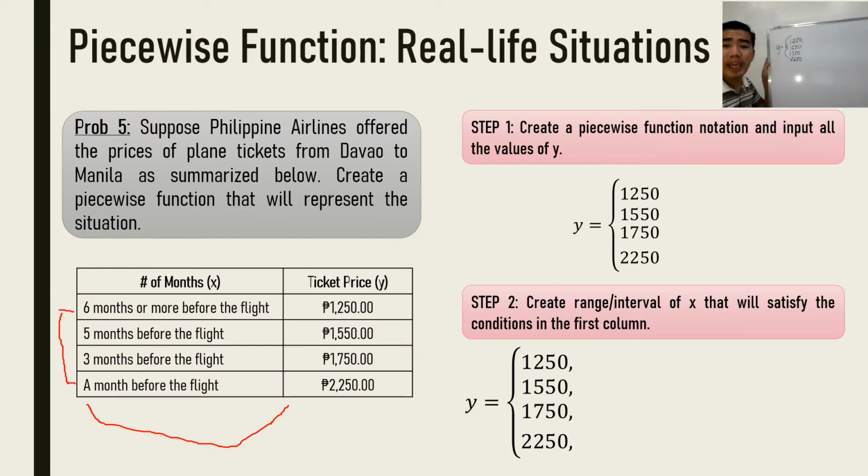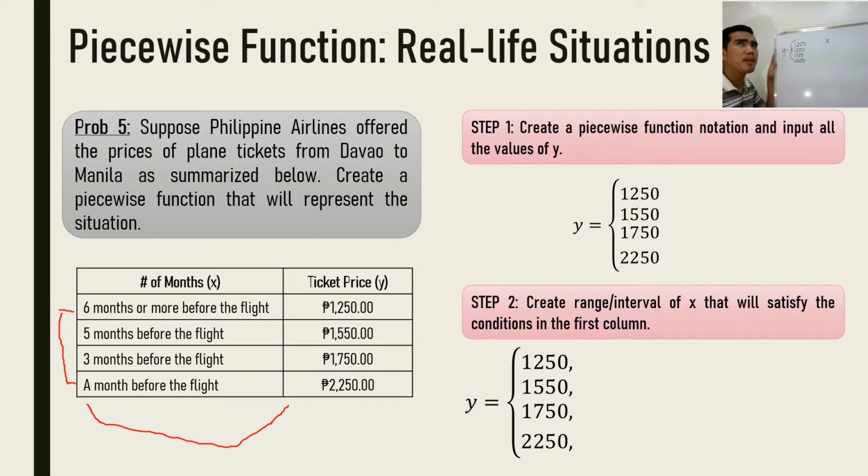Now, how to make conditions? First, we look at the months, or how to input the values. Okay? That is where we should focus in making conditions. It is stated that 6 months or more before the flight. Since our months is the variable X, 6 months or more.